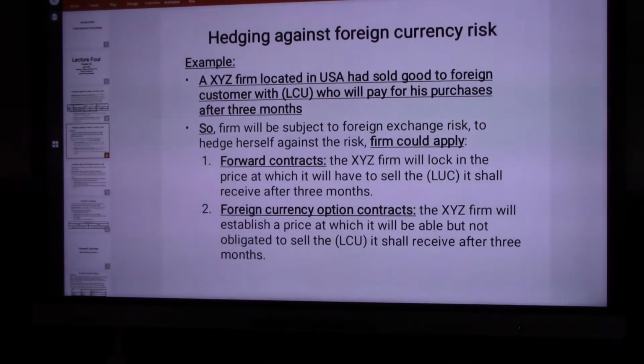The firm will lock the price to which it is going to buy the local currency unit after 3 months. ماشي؟ ليه بتكلم selling؟ لأن أنا بتكلم كده forward contract I'm going to lock the price. هتفق على سعر بتاع العملة الأجنبية اللي أنا بتعامل بيها بعد 3 شهور. لو أنا seller, so the customer is going to pay me after 3 months. فأنا هتفق مع الديلر هتاخد مني العملة الأجنبية دي بعد 3 شهور بريت كام؟ الريت كام ده احنا هنتفق عليه من النهارده. تاني الكاستمر is going to pay me for the goods I sold to him after 3 months. هيدفع لي ثمن البضاعة بعد 3 شهور.